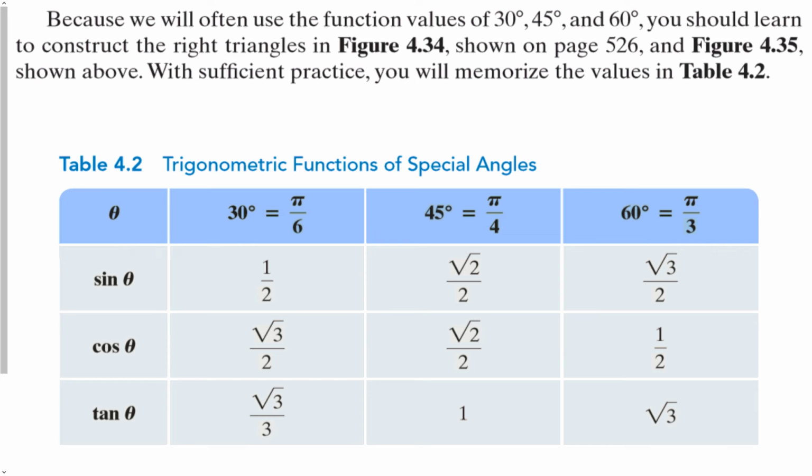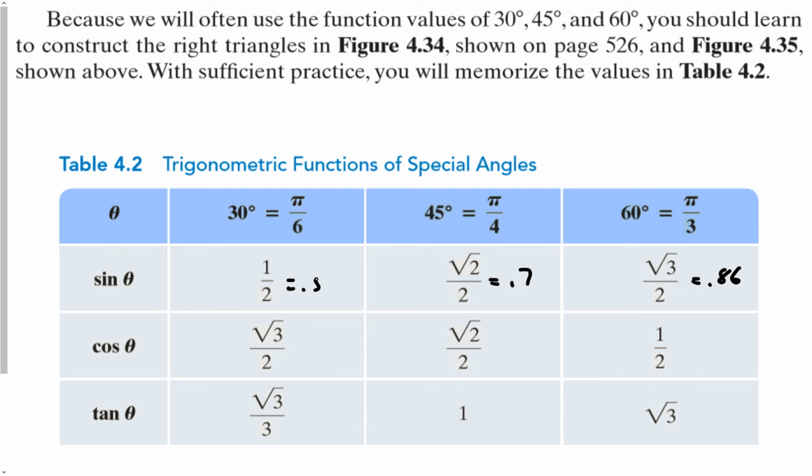what these values are. And you can notice that the sine value is actually going up. Radical 2 over 2 is 0.7, and radical 3 over 2 is 0.86, right?